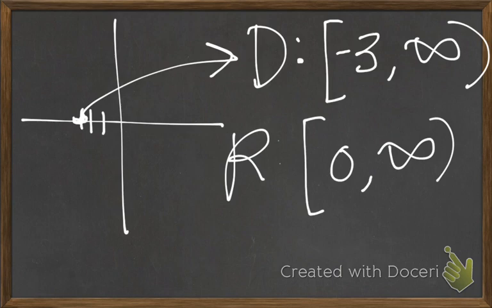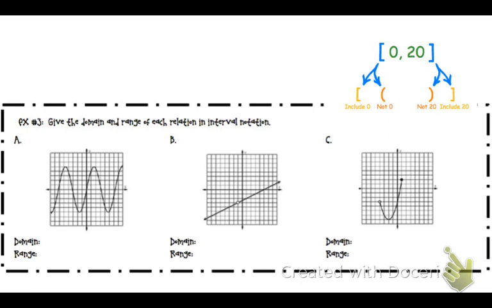Okay, if it's equal to, it's a bracket. If it's not equal to, it's a parenthesis. On the infinities, you never have brackets. It's always a parenthesis because you can't really equal infinity, because there's always a number bigger.